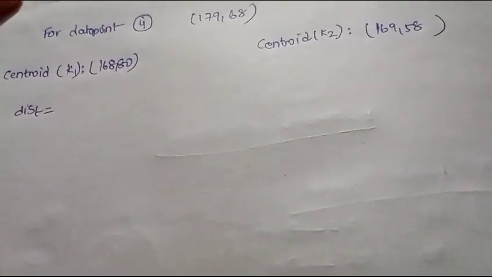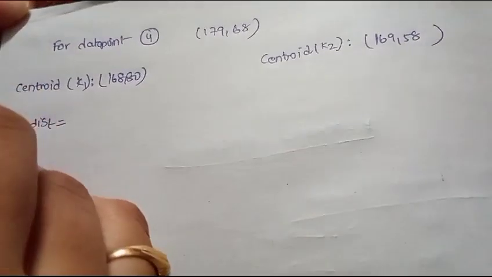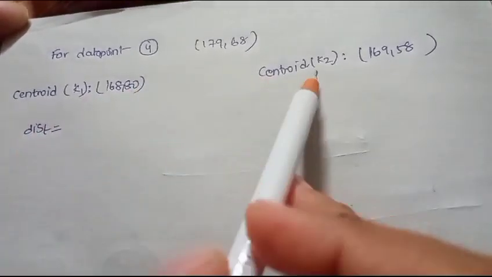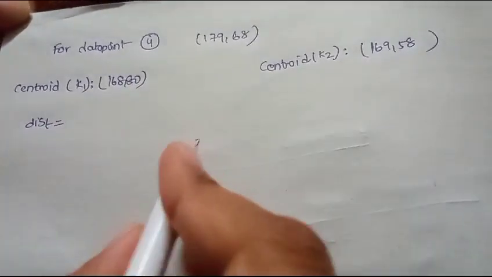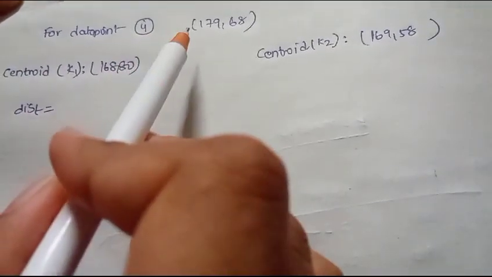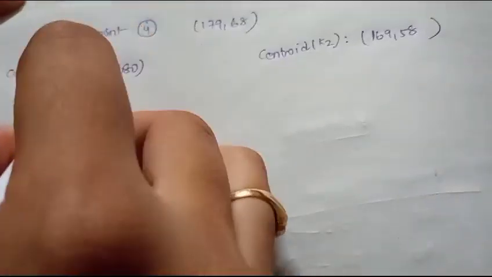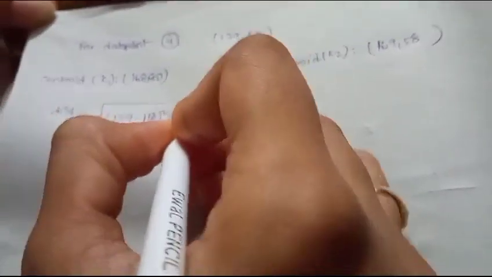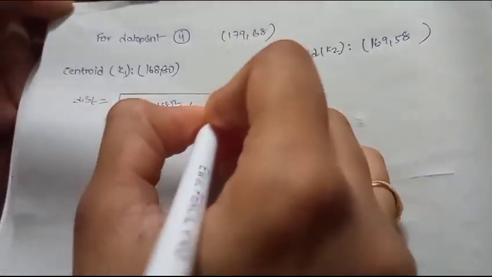Now for the data point 4, the centroid for cluster 1 is this one and the centroid for cluster 2 is this one. We have to calculate the distance from this data point to the 4th data point. Square root of 179 minus 168 whole square plus 80 minus 68 whole square.